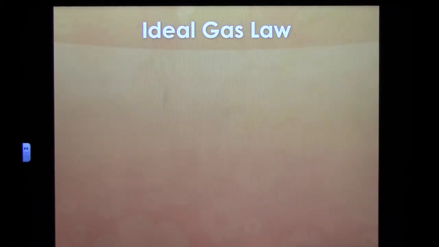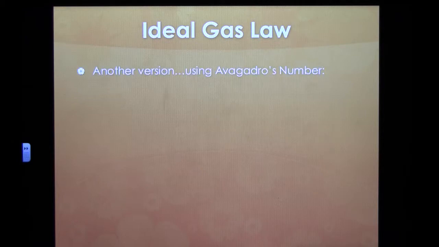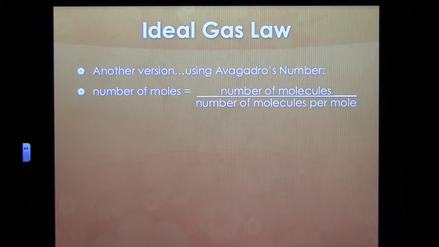One final version of the ideal gas law uses the number of molecules, capital N, instead of the number of moles, lowercase n. In order to do this, we have to use Avogadro's number. Recall from chemistry that the number of moles is equal to the number of molecules divided by the number of molecules per mole.